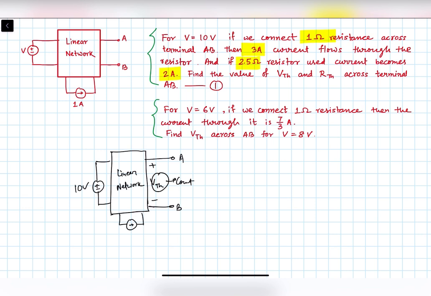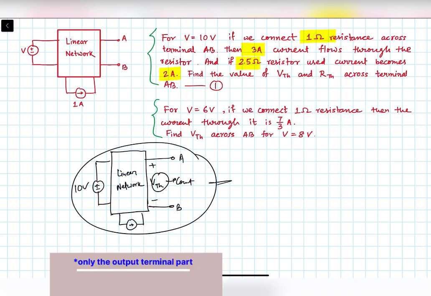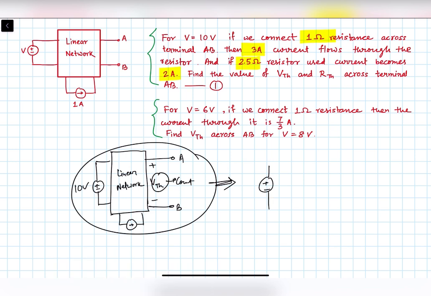We can assume this network is like a VTH and RTH, because RTH is the resistance related to just this part.